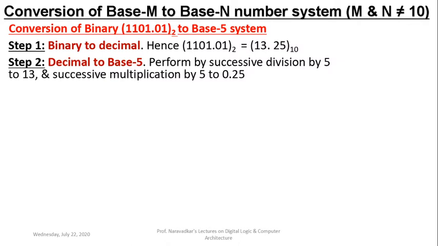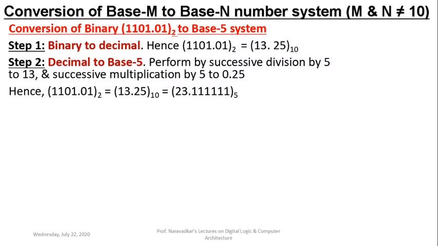So the given binary number 1101.01 is equal to 13.25 in decimal, and after conversion to base 5 it comes to be 23.111111 in base 5 system.